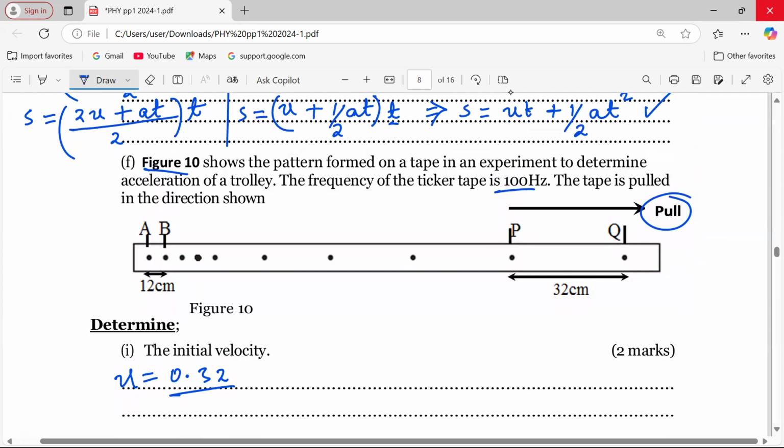In paper 2 physics, we talk about periodic time, which is usually given by the reciprocal of frequency. Therefore, the reciprocal of frequency shall be 0.01 seconds. So we have to take the inverse of the frequency provided to get periodic time, or the time taken to make one dot. From one dot to the next, we are taking an interval of 0.01.